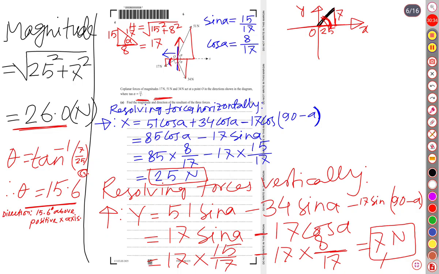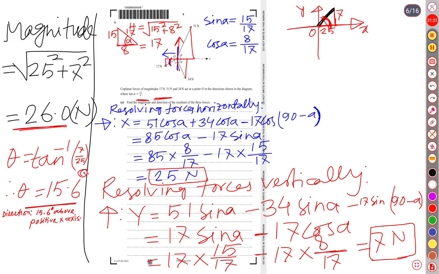Then we found the magnitude, which is the hypotenuse of the triangle. Both x and y are positive, so it lies in the first quadrant.